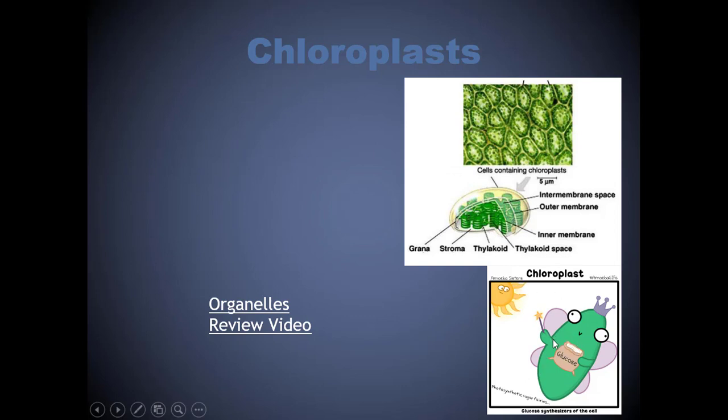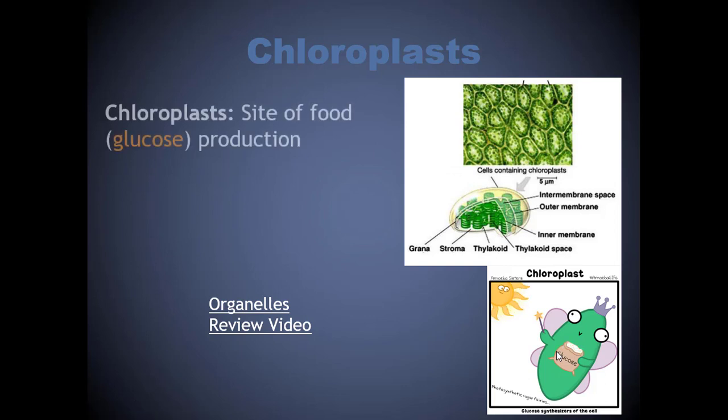So aside from food or glucose production, it occurs only in plant cells. But at this level, having looked at other kingdoms, especially the kingdom Protista, you find that the algae do have chloroplasts as well. They can be in different shapes.